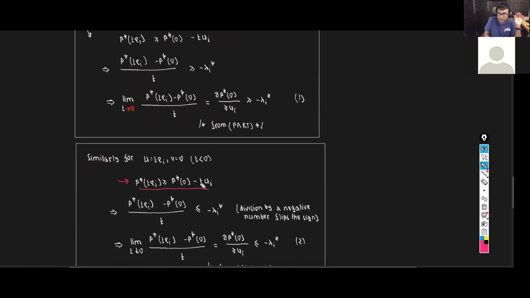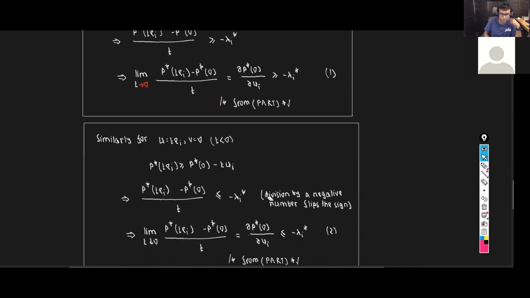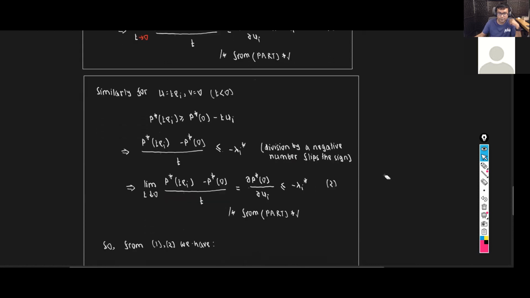Now, because t is negative, when I divide by t, the inequality flips, because division by a negative number flips the inequality. After that, I am taking the limit on both sides again, and using the definition of the limit, I again get the partial derivative. In this case it is less than or equal to minus lambda_i star.